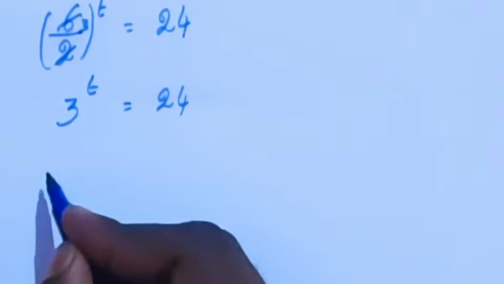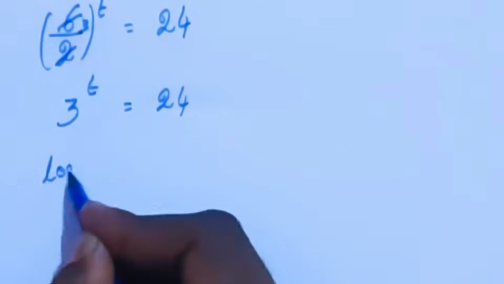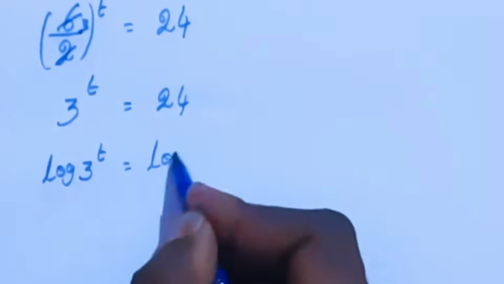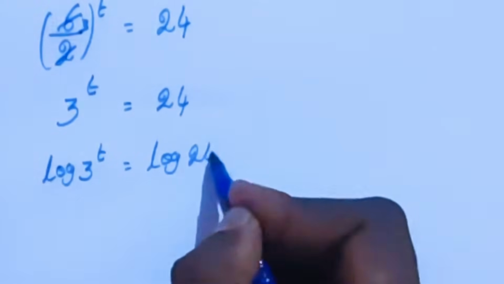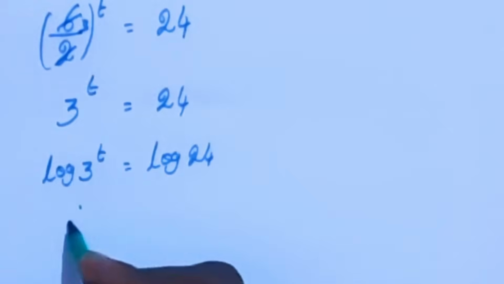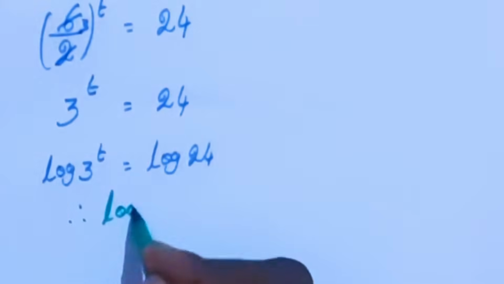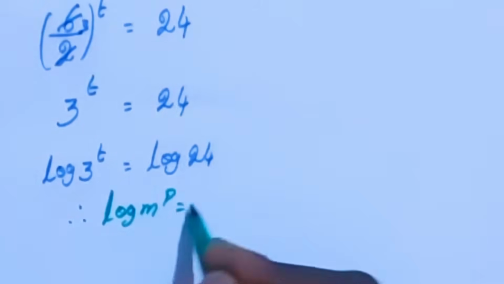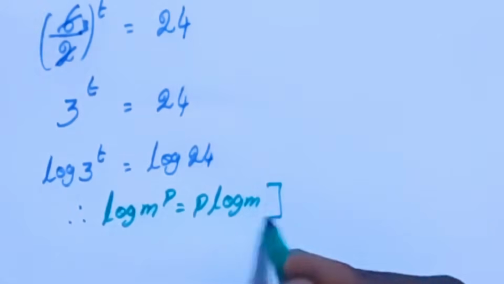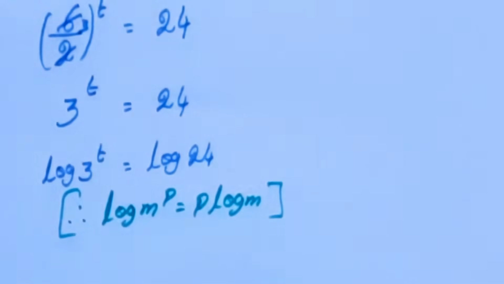24. Now we are going to take a log on both sides. Log 3 power t equal to log 24. Now we are going to apply this log power formula, that is log m power p equal to p log m. This power log formula we are going to apply here.